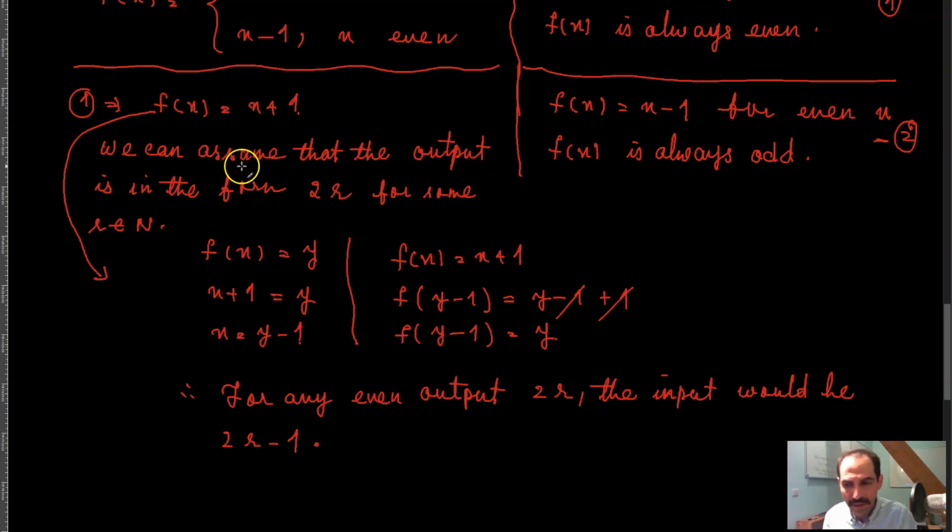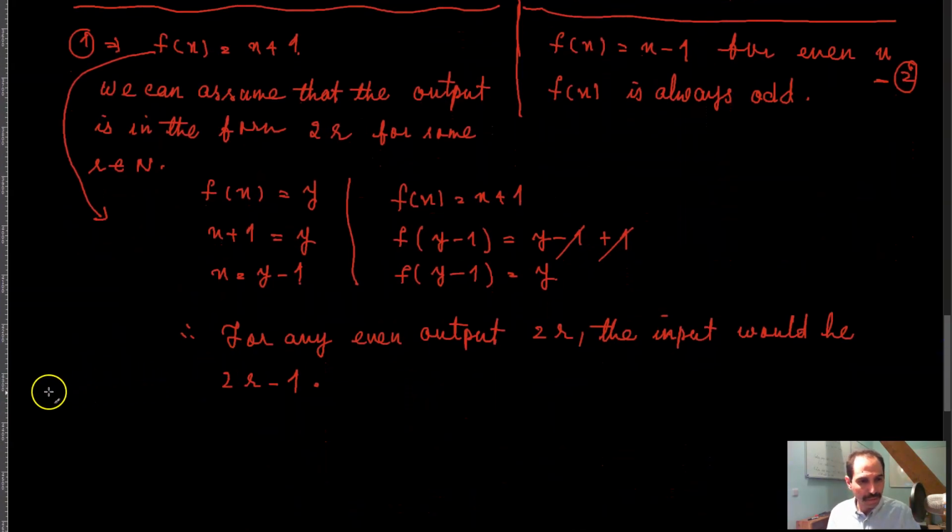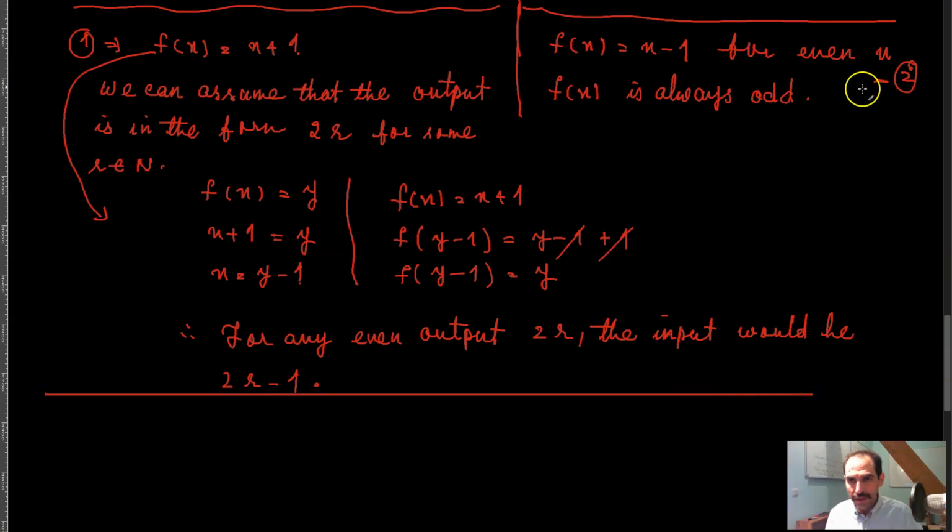Now, using the same argument, using case number 2, we said that f of x is equal to x minus 1 for some even x. And here we said that f of x is going to be always odd.